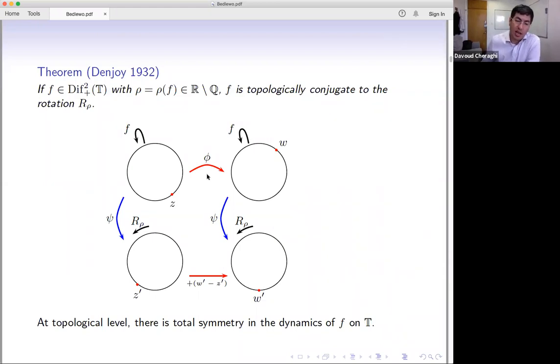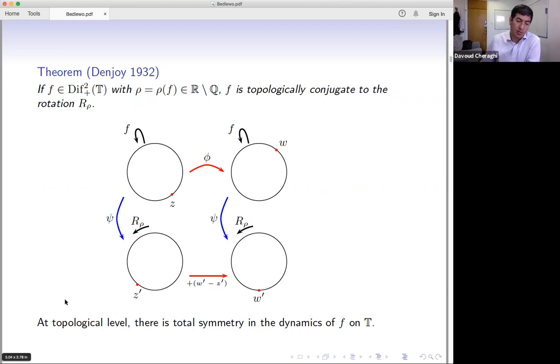So in other words, for any z and w, there exists a change of coordinate, a homeomorphism phi, which conjugates f to itself, and in particular maps the orbit of z to the orbit of w.